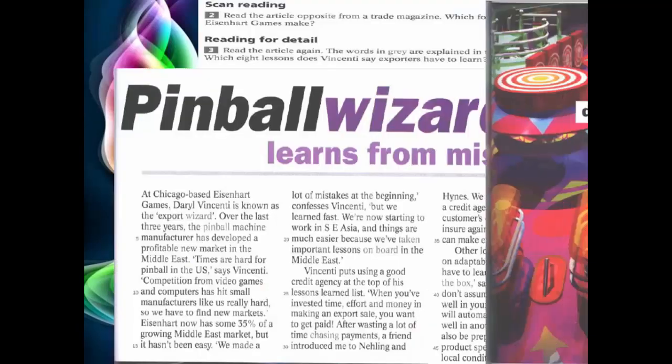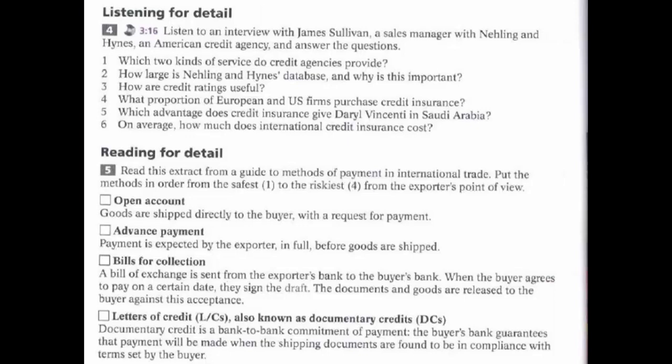Daryl Vincenti of Eisenhart Games recommends using a credit agency like yours. But can you tell us first what exactly credit agencies do? Well, basically, we offer a range of services in 2 main areas, information and insurance. Some of our clients are interested in information to help them manage credit risk, and others come to us for insurance. But many companies, like Eisenhart, need both information and insurance. What sort of information can you provide? We have details of over 50 million businesses in countries all over the world.